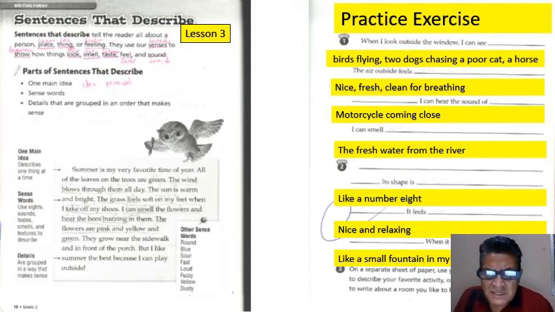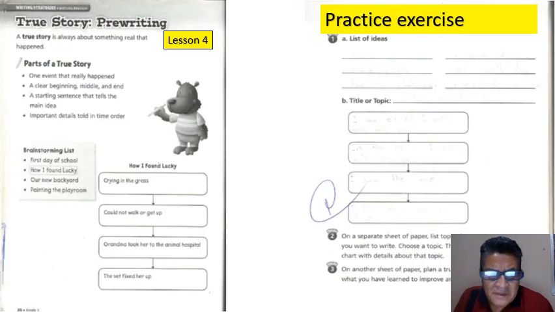Moving on to the next example, lesson number 4, the story pre-writing. Pre-write means before you write something formal and official. Parts of a true story. Here are some of the examples.